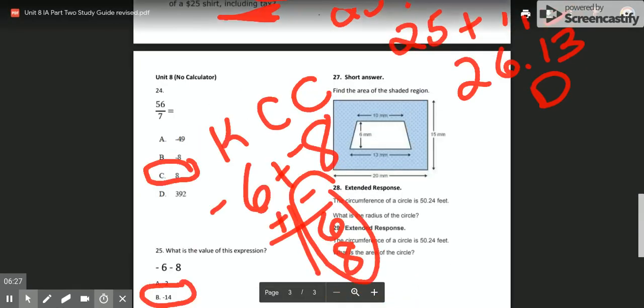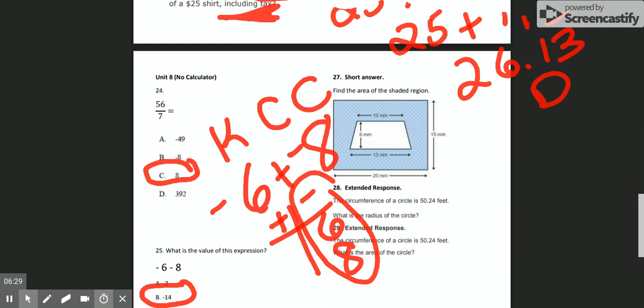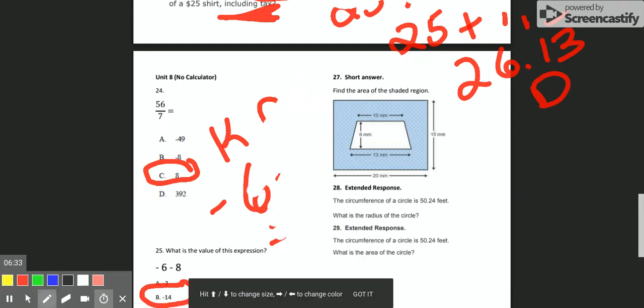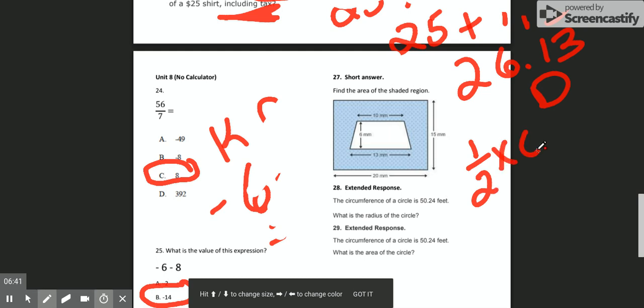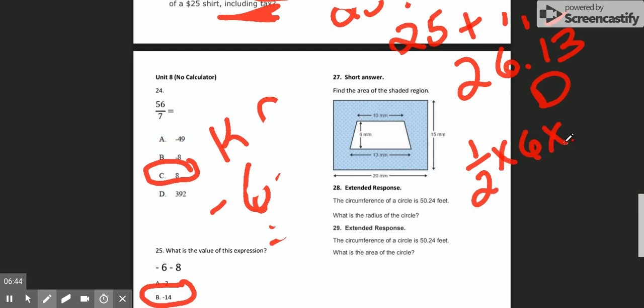Number 27, find the area of the shaded region. So we would take 1/2 times 6 times our bases added together. So 10 and 13 is 23.